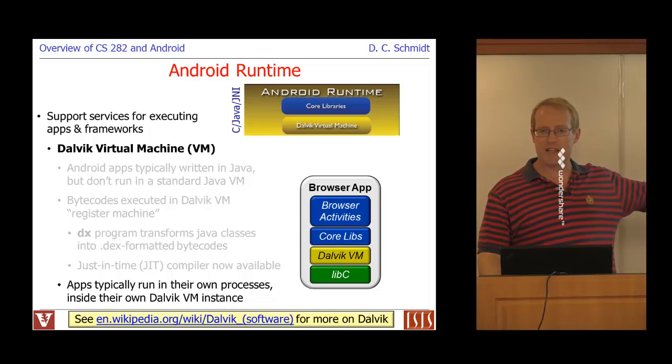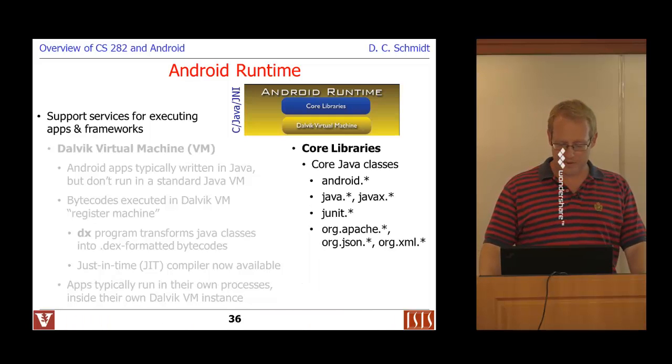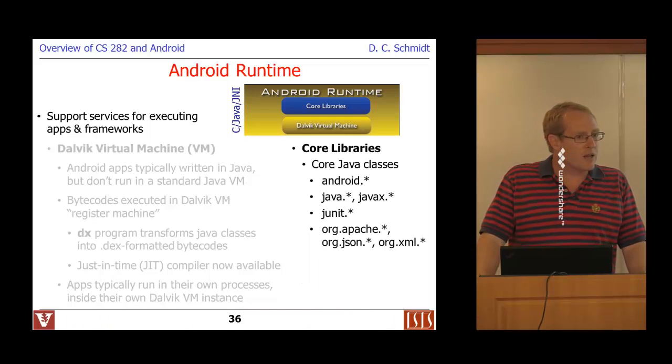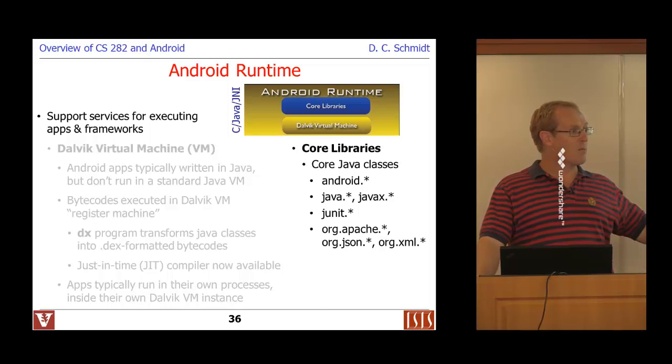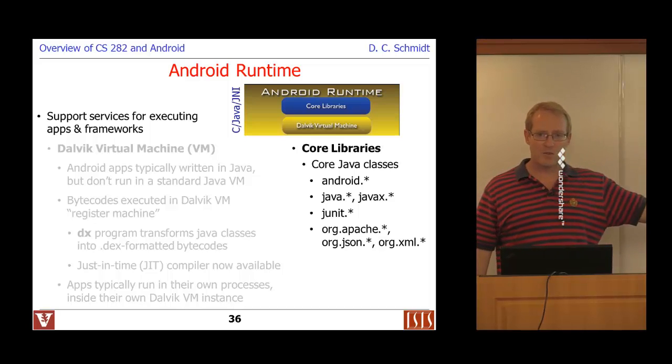Lots more stuff you can learn about here regarding Dalvik. The core libraries, you get many of the libraries that are part of the normal Java class library, so java.lang.thread, and the sockets, java.net, this, that, and the other thing. You also get a whole pile more Android-specific stuff, and we'll talk about that.